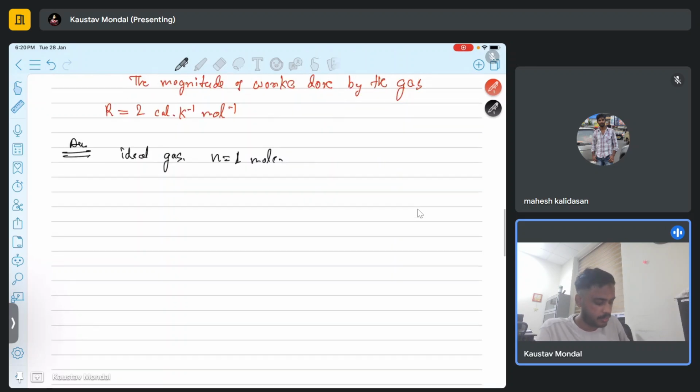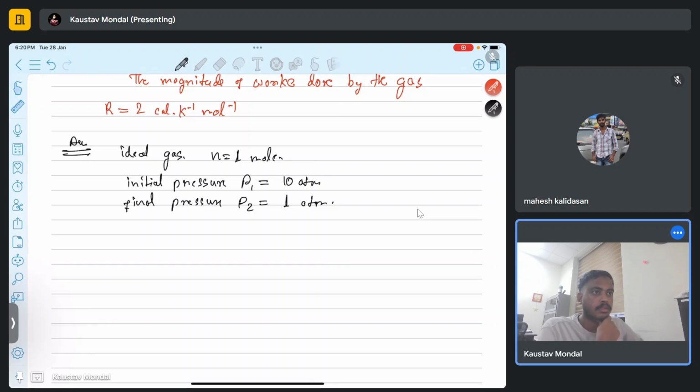Initial pressure P1 is given as 10 atm and final pressure P2 is given as 1 atm. Temperature is given as 27 degrees centigrade. I have to calculate the magnitude of the work done.